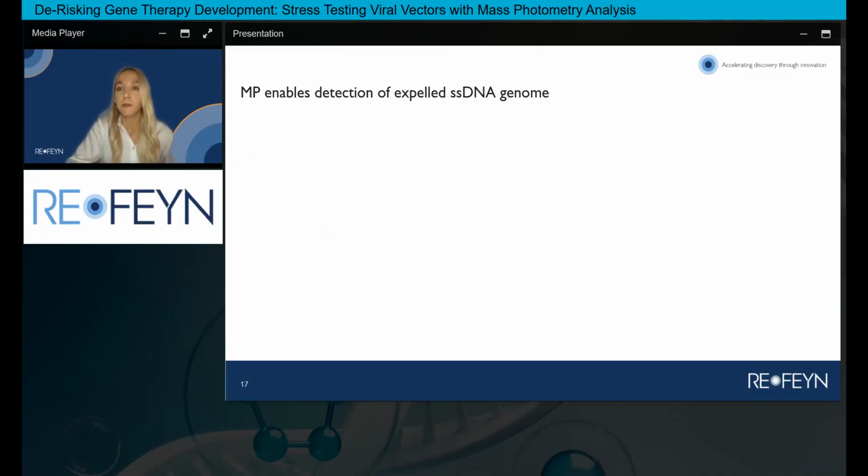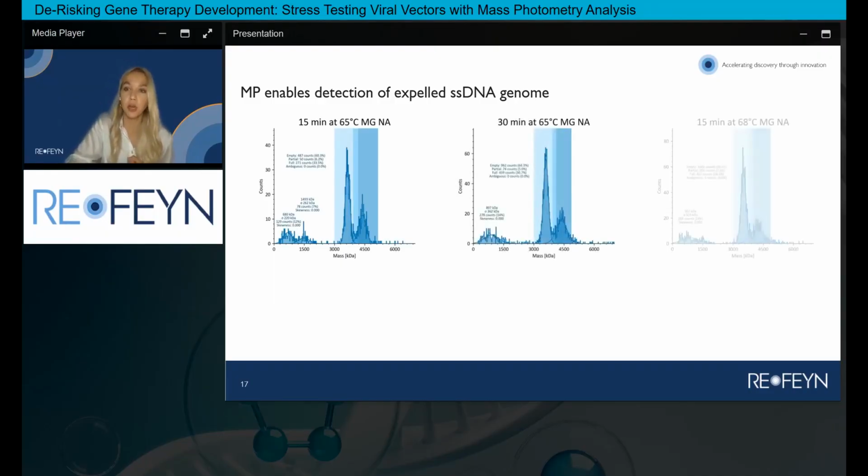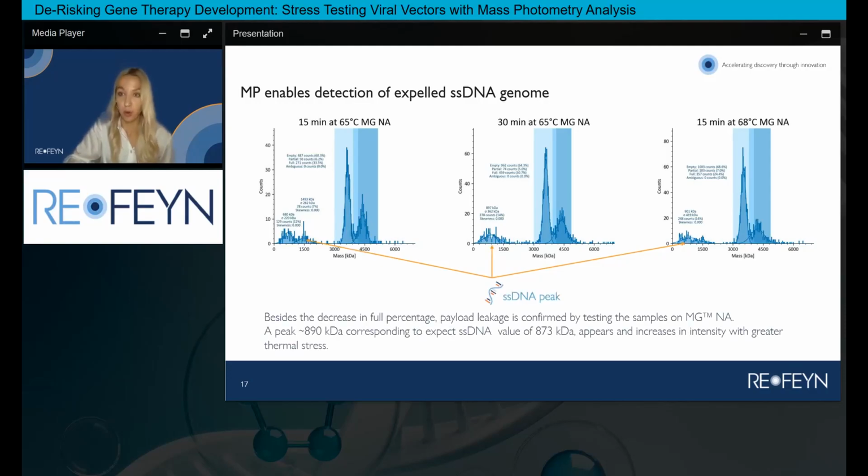Now, the reason why we use MassGlass NA for nucleic acids is because with this type of slide we are able to distinguish a population that corresponds to single-stranded DNA.